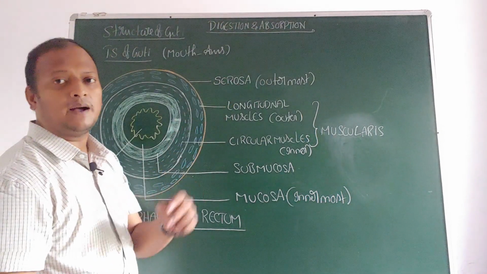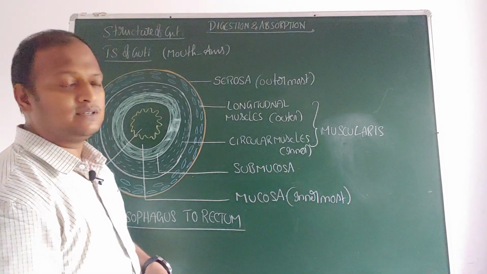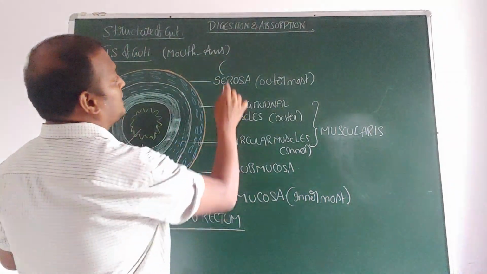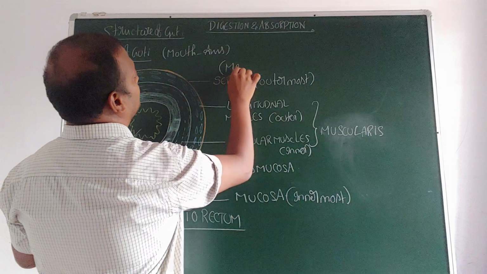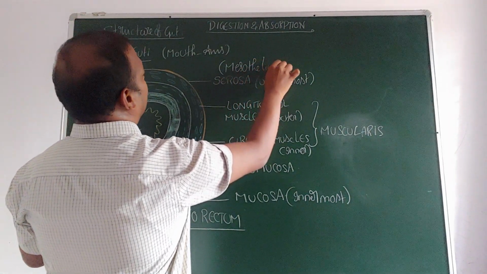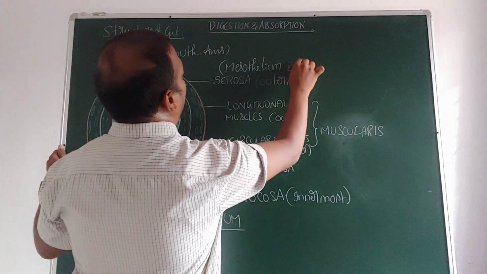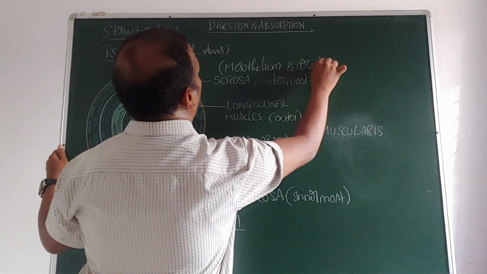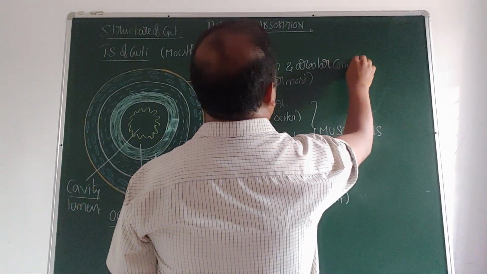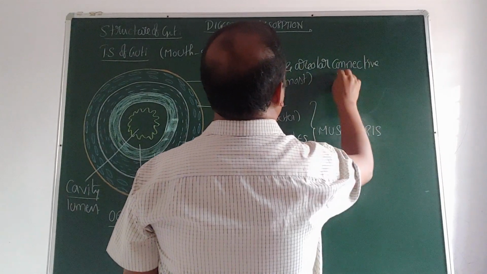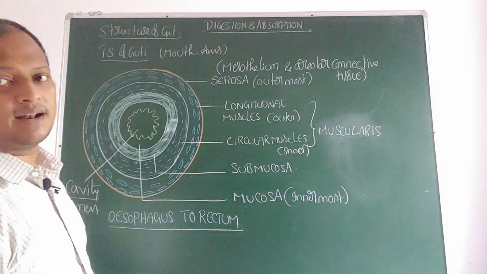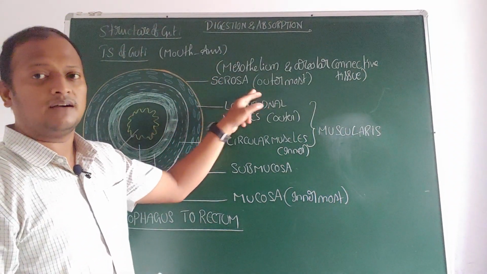So the outermost layer, the serosa, is made up of mesothelium and areolar connective tissue.